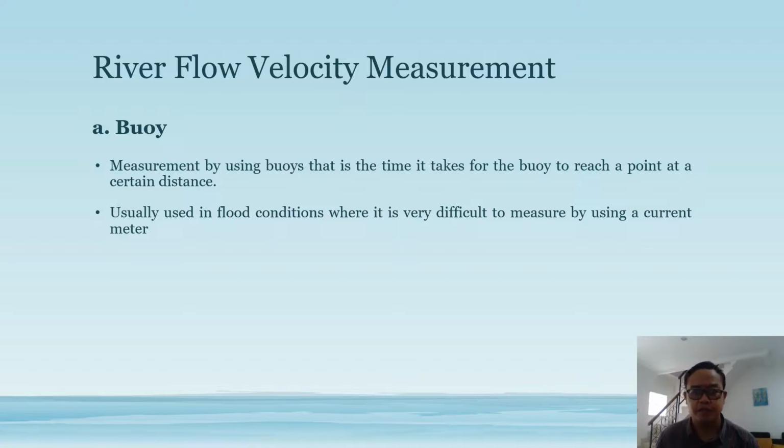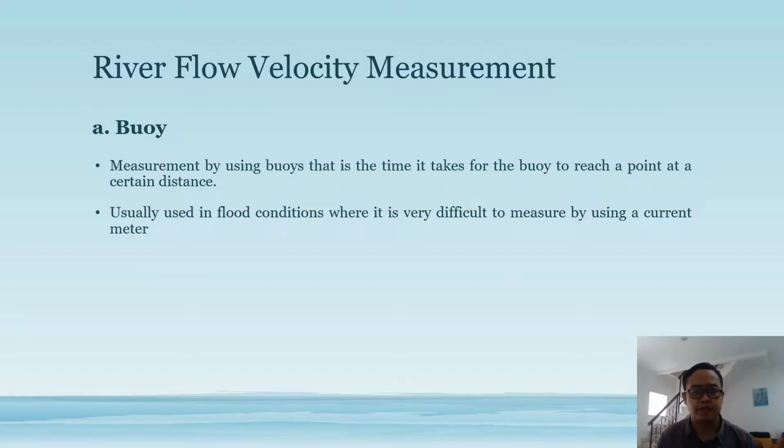Buoys can be objects that are commonly found around us, such as drink bottles filled with a little water or other objects that can float. Or maybe we could use a specially designed buoy to measure the flow velocity.